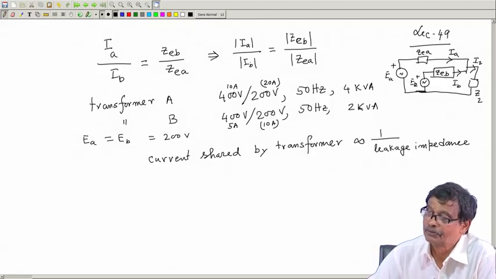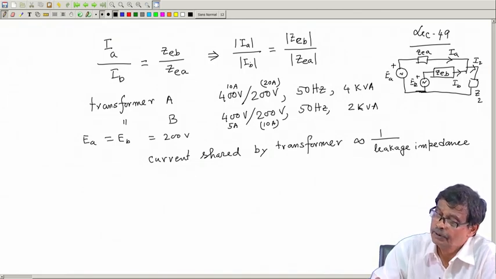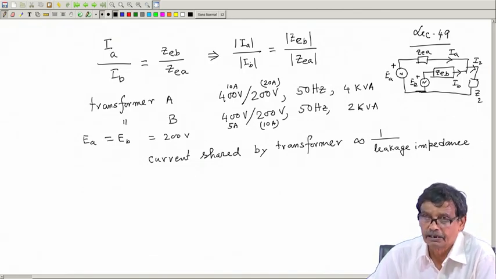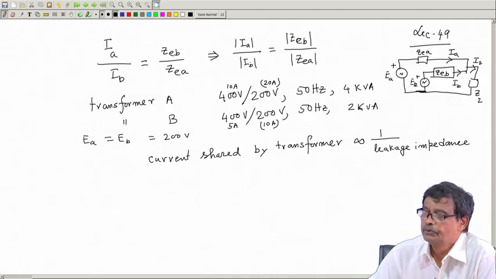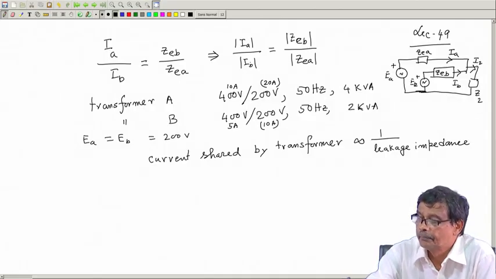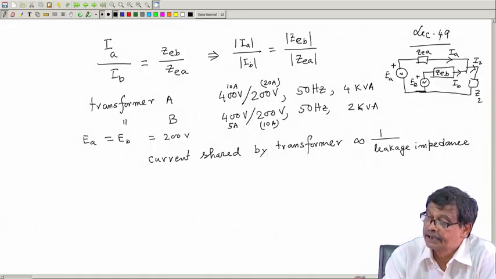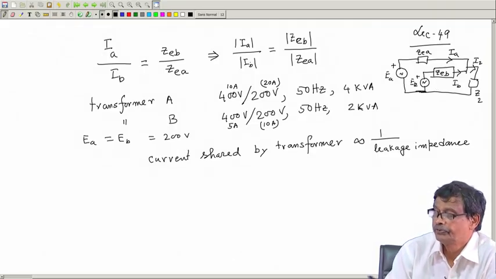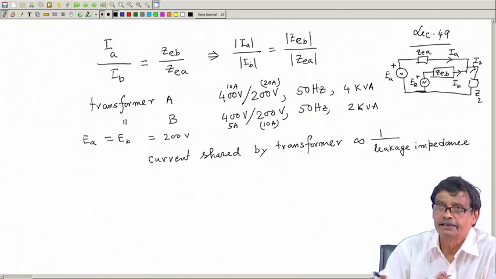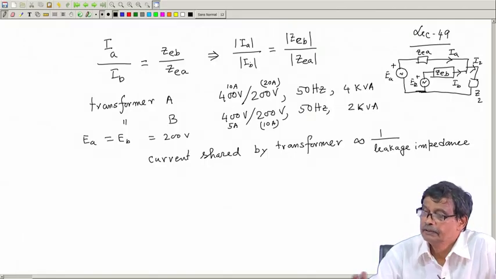Why else purchase so much kVA, so much voltage transformer. Therefore, when these two transformers are operating in parallel, I would like to have 30 ampere supplied to the load, 20 ampere carried by transformer A, and 10 ampere carried by transformer B. That is the best thing one can think of, is it not.